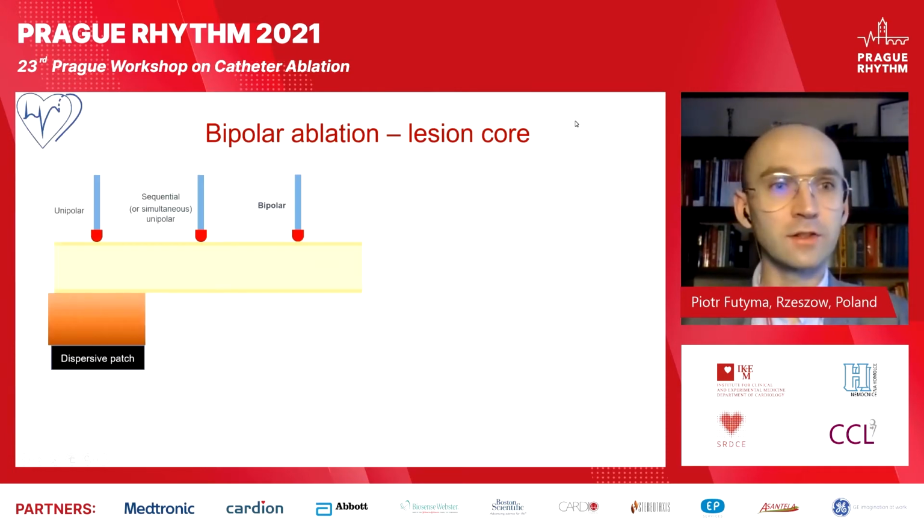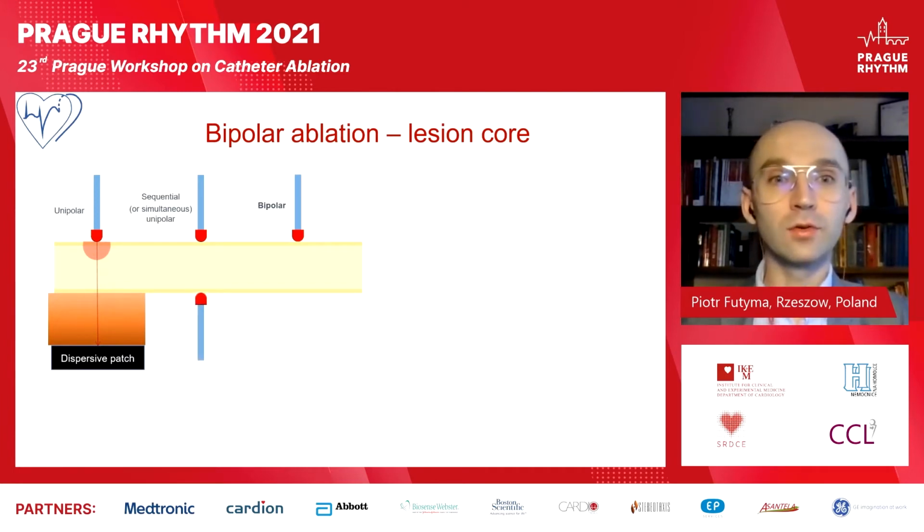So basically, what are the differences between different approaches? When we have classic unipolar approach, radiofrequency current goes from the tip of the ablation catheter to a dispersive electrode, and here the density is so high that the lesion is created here, but not at the level of the dispersive patch, which has a large surface.